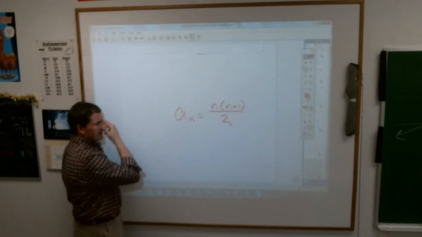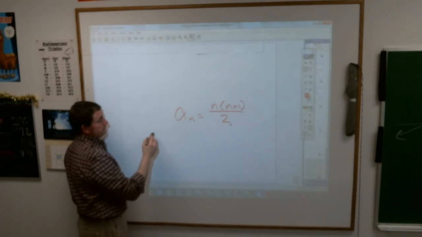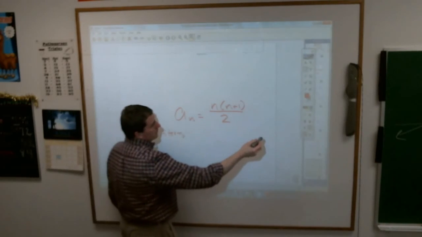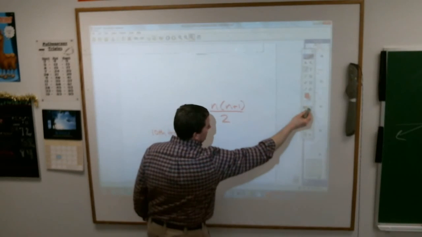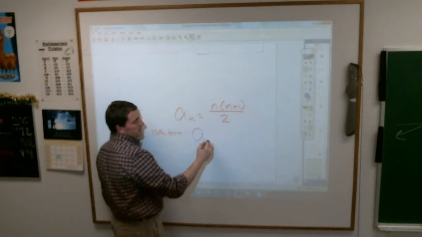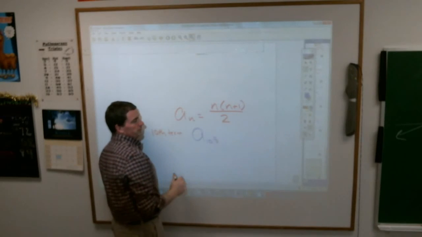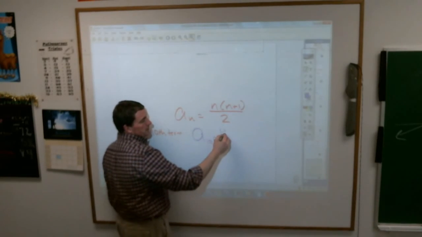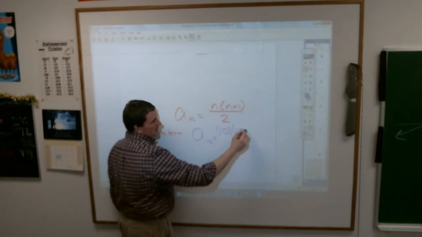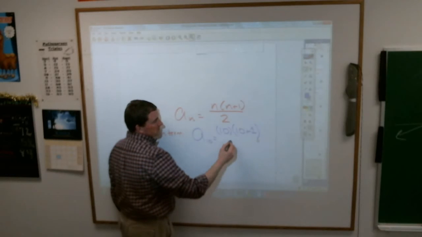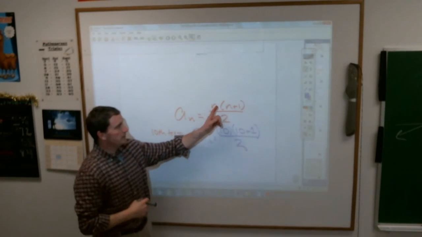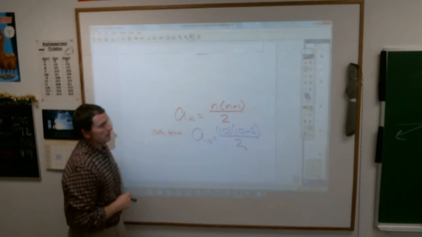What if I wanted to find the 10th term? How would you write that out? Mathematically, you write out A sub 10. The value of the 10th term is 10 times 10 plus 1 all over 2. 10 times 10 plus 1 all over 2.